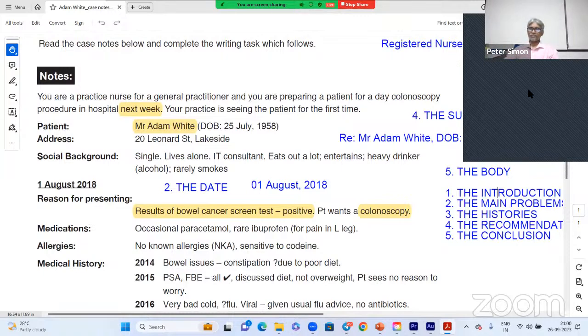But it says excessive alcohol consumption has been observed. Have you observed him? Or did he tell? Or was it reported? Yeah, reported is fine. So, heavy drinker of alcohol.